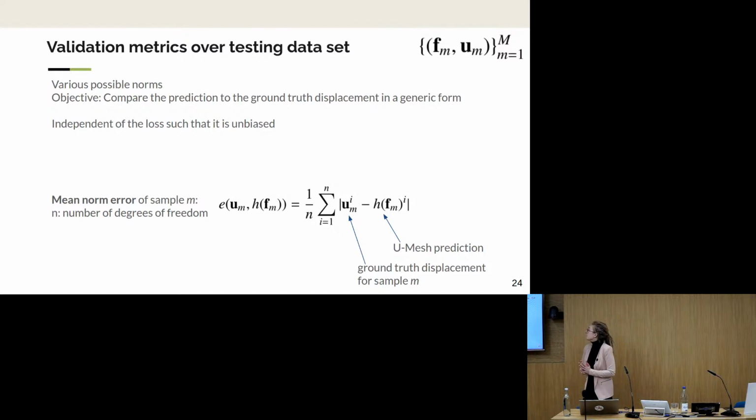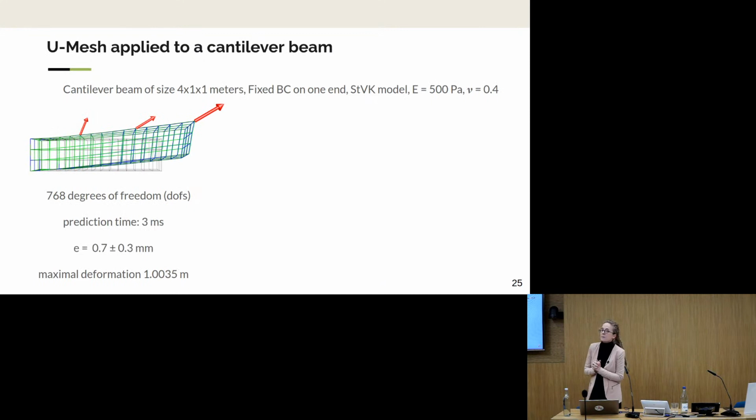So here are first results on a cantilever beam. In green, I show the UMesh prediction, and in blue, the reference FEM solution. The red arrows correspond to the input forces. And we can see that we have a pretty good visual agreement between the two.